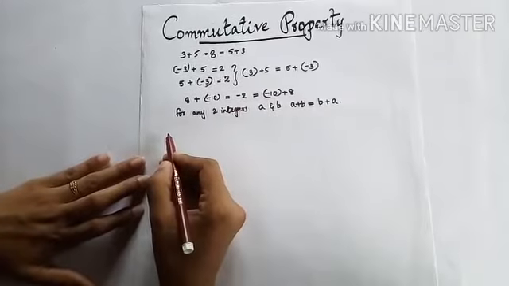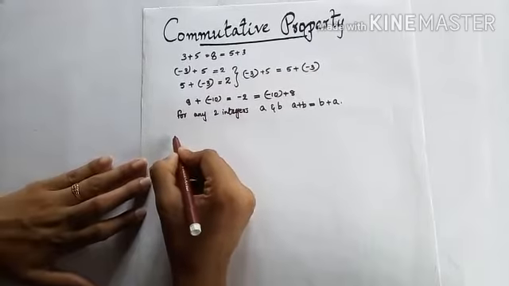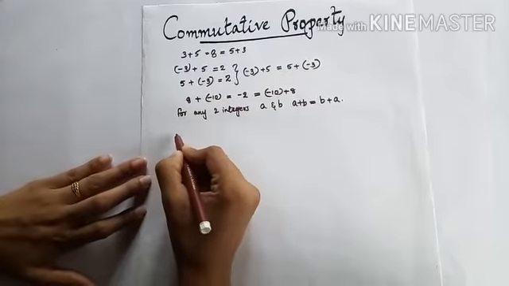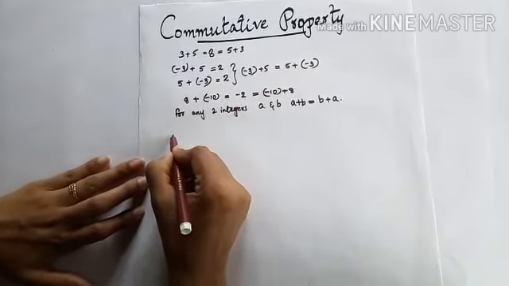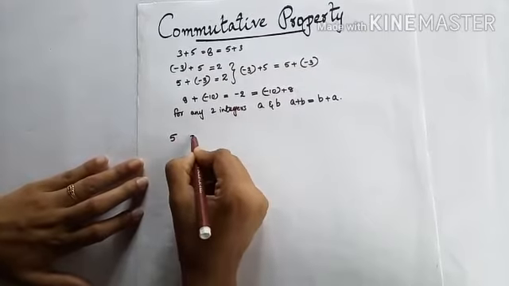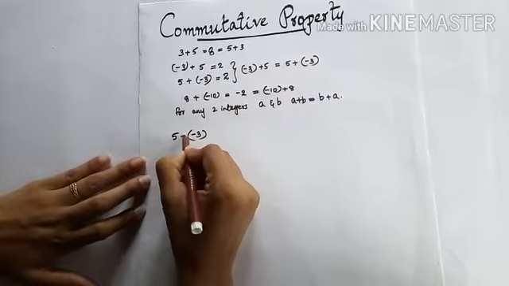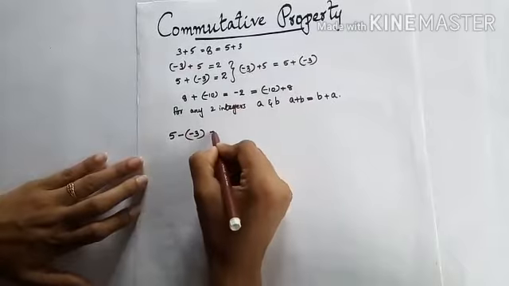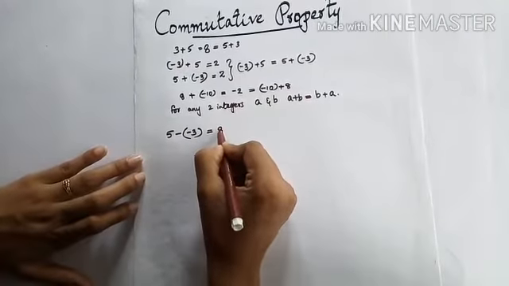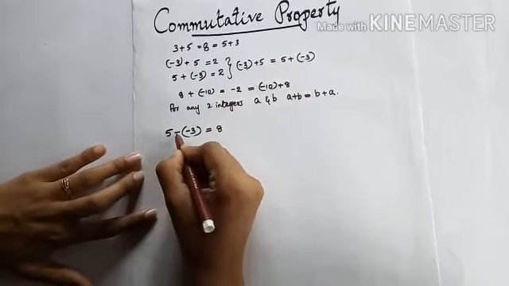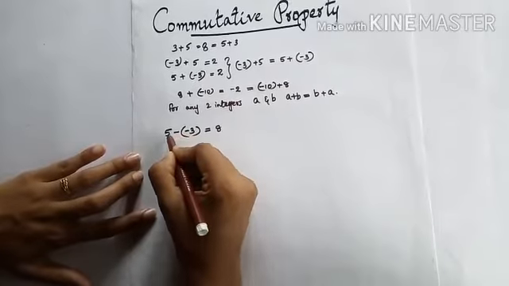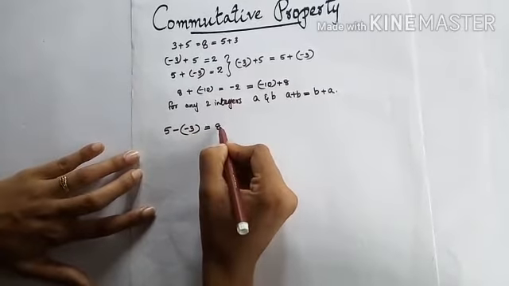What about subtraction? Let us check it with an example. Let's consider the numbers 5 and -3. If we subtract these two, we will get the answer as 8. That is, 5 minus -3: minus into minus will become plus, so 5 plus 3 gives the answer 8.